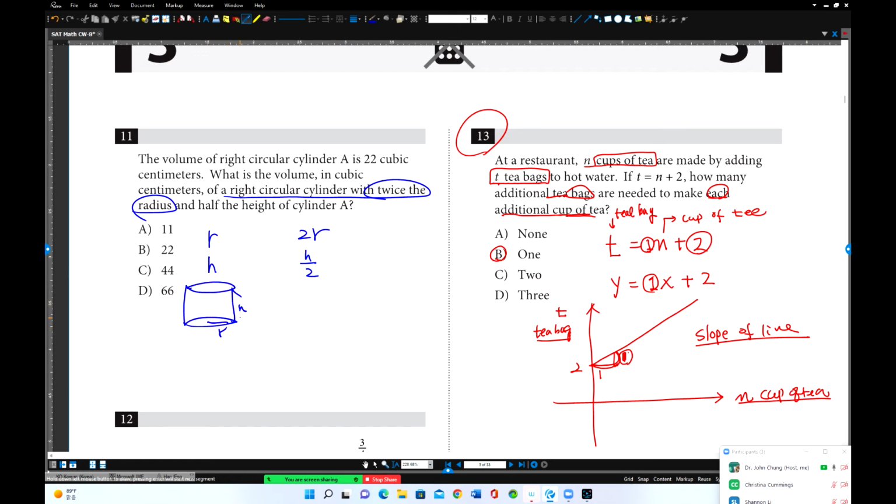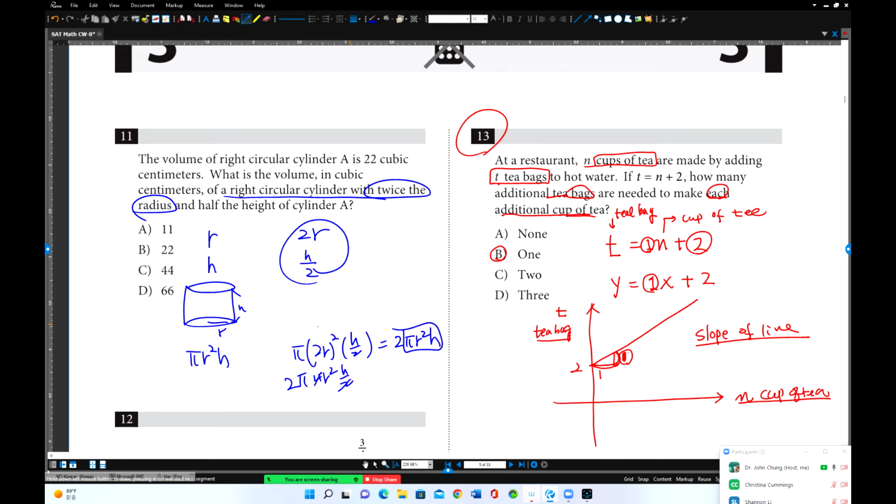You know, that's a cylinder, right? r, h. What is the volume here? Pi r squared h, that's the volume. What is the volume of this one? Pi, r is now 2r. 2r squared times h over 2. This is how much? Pi 4r squared h over 2. This is 2 out, actually equal to what? 2 times pi r squared h.